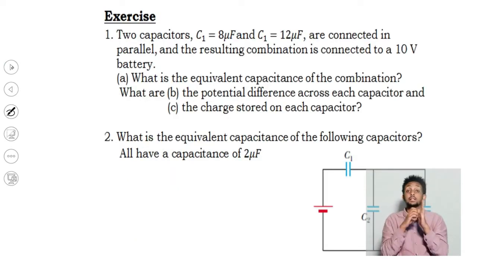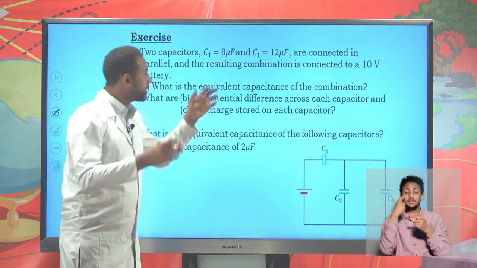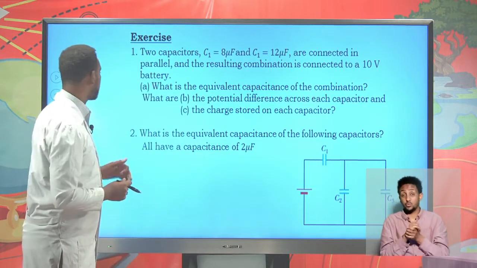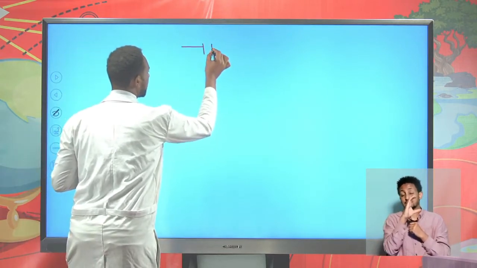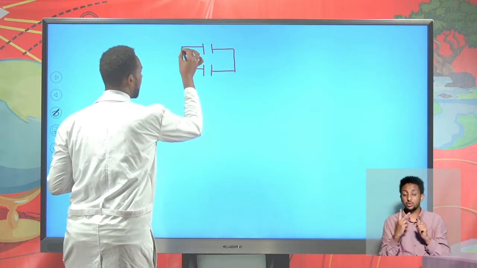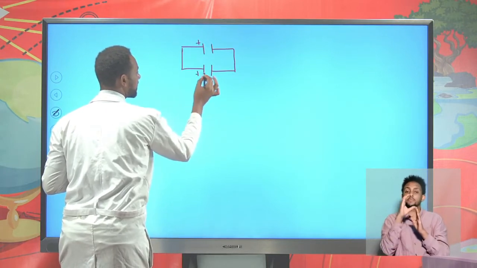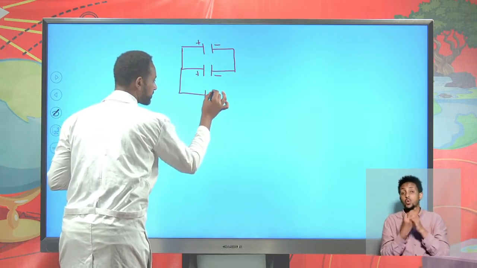For example, let's solve one good example. It says 2 capacitors C1 and C2 are connected in parallel, and the resulting combination is connected to a 10 volt battery. Here C1 and C2 are connected together in parallel, meaning plus with plus, minus with minus, as well as with the source.